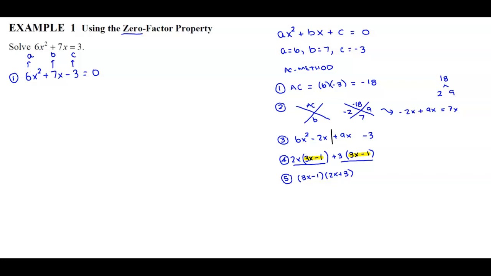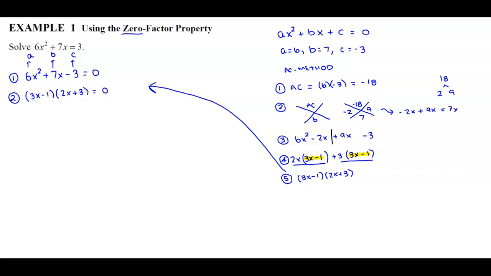So now that we factored this, we're going to write this in step number 2. For step number 2, we're going to write this now in factored form, which is 3x minus 1 times 2x plus 3, and that's equal to 0. Okay.